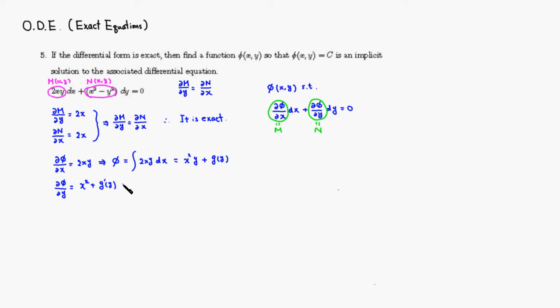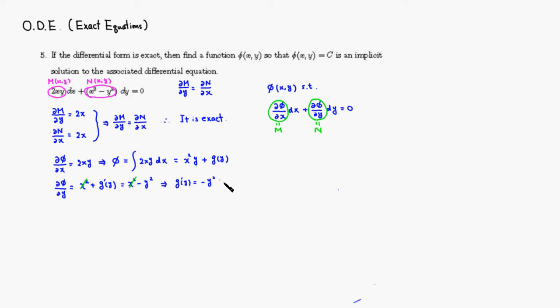Remember that this has to be exactly equal to N, which is x squared minus y squared. Since you have x squared on both sides, I'm going to cancel those out. So we have g prime of y is equal to negative y squared.